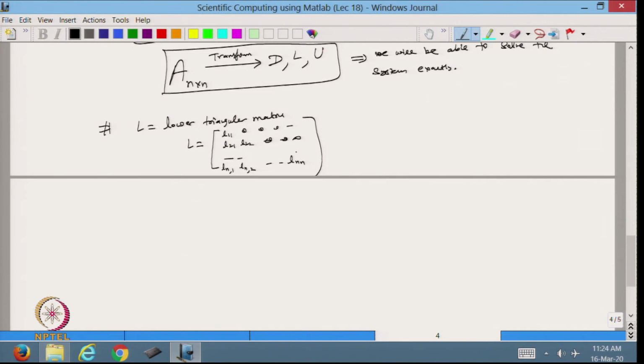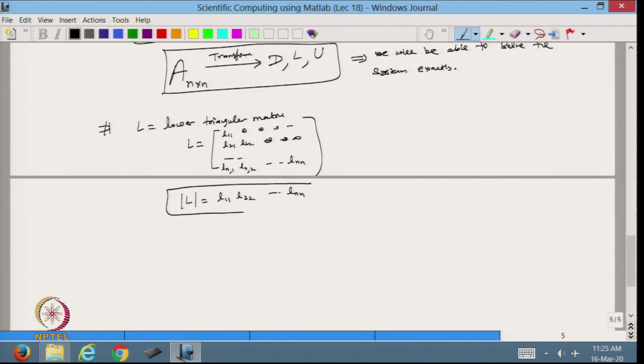So, this is my lower triangular matrix. The determinant of a lower triangular matrix is just the product of the diagonal elements. Also, the eigenvalues of L will again be the diagonal elements.